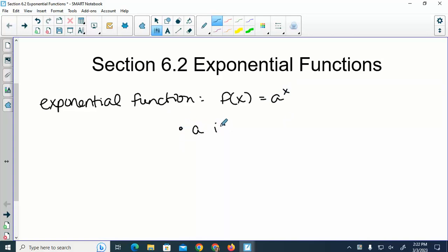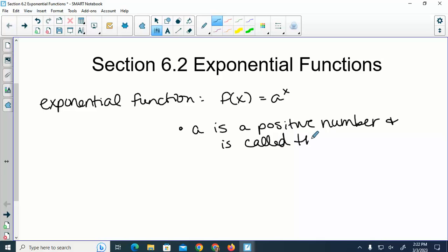A is a positive number and is called the base.